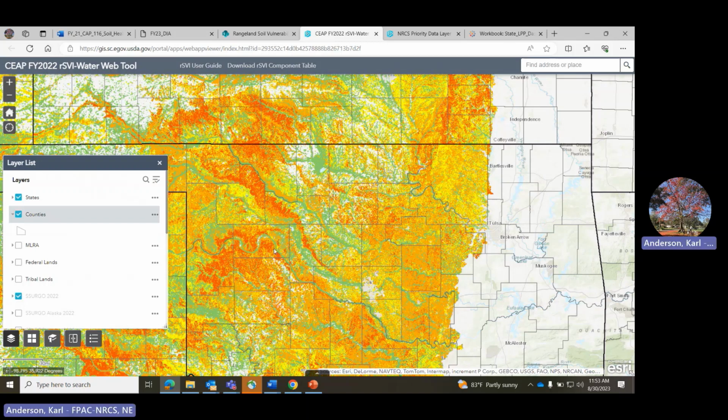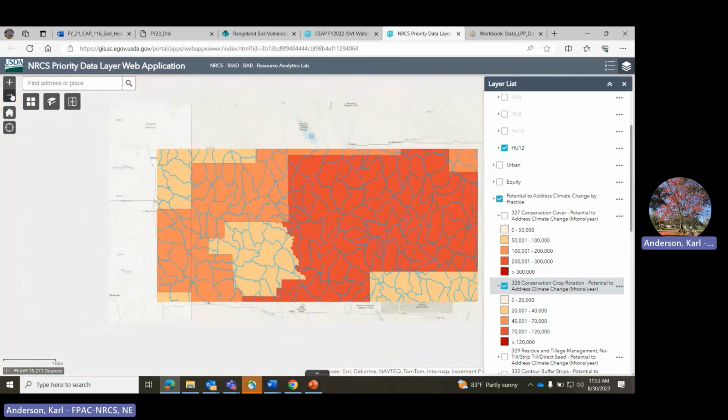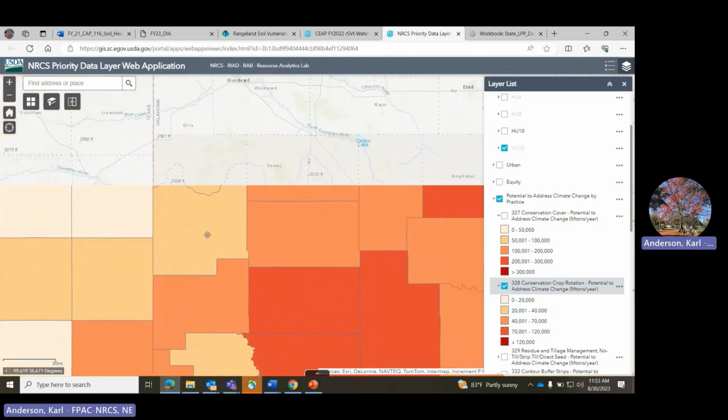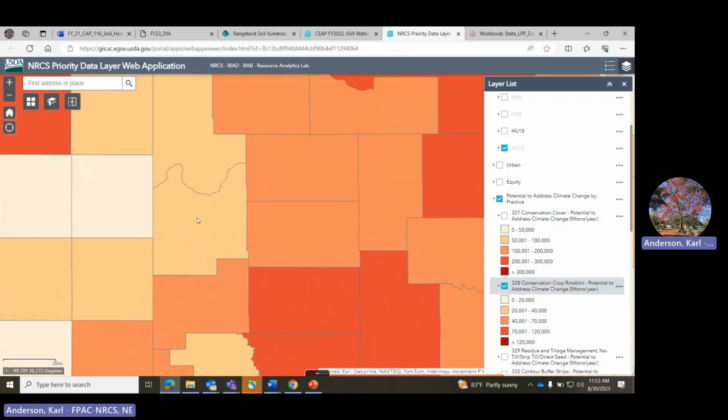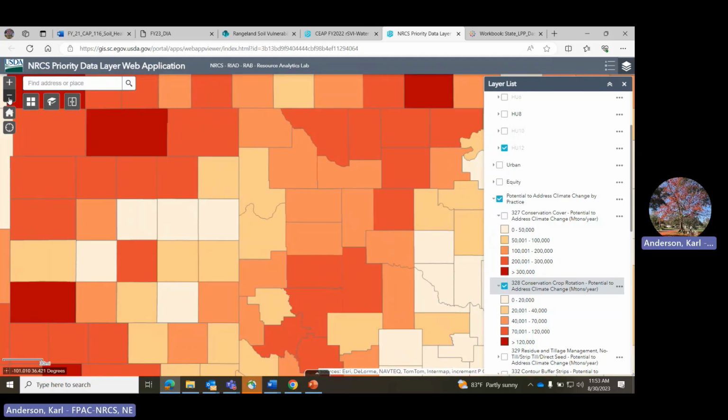So if you see these are the most sensitive areas in rangeland, you'll kind of see this shaped county. You also see these shaped counties in through here. So let's see if we can zoom out a little bit on this same tool and find some of these and identify maybe some real good practices that are more focused on range.